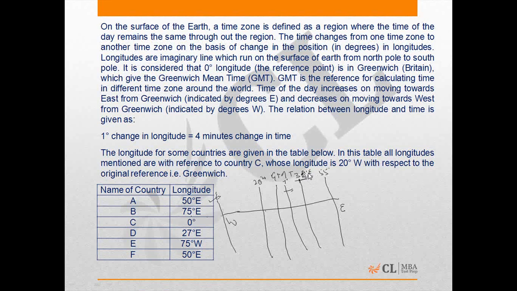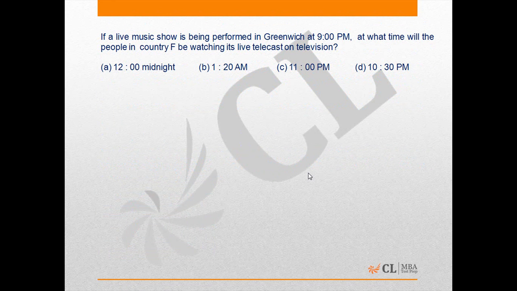Now let's talk about the questions based upon the information given to us. The first question: if a live music show is being performed at Greenwich at 9 p.m, at what time will the people in the country F be watching the live telecast on television?